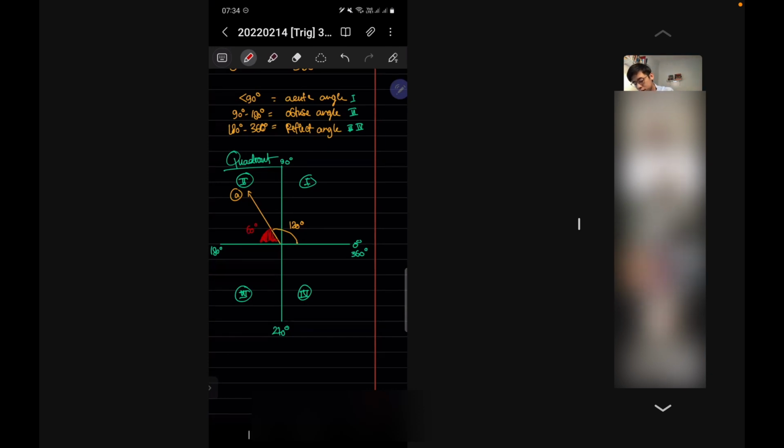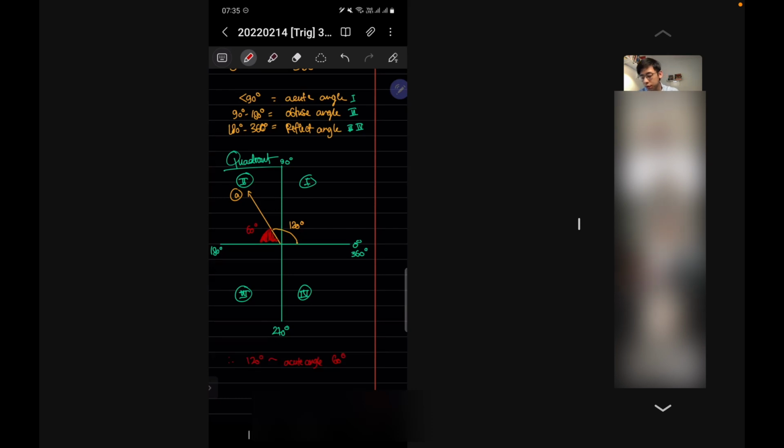So in this case, the conclusion is that 120 degrees is equal to an acute 60 degrees. Okay, so this is what's being said in the book.